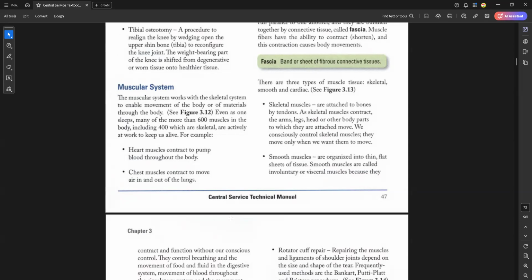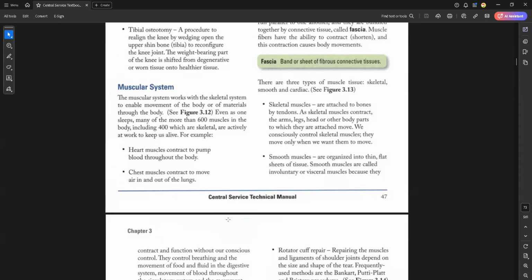Even as one sleeps, many of the more than 600 muscles in the body, including 400 which are skeletal, are actively at work to keep us alive. For example, heart muscles contract to pump. When we sleep, we are in the dreamland, but the heart is working. What about the chest? The lungs are working.